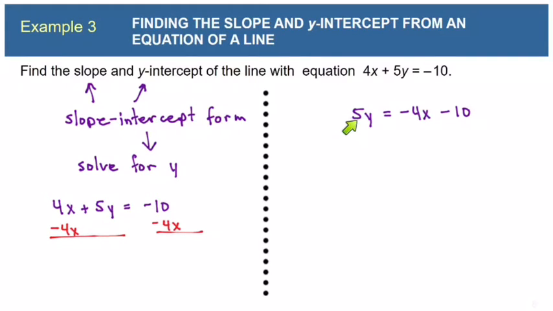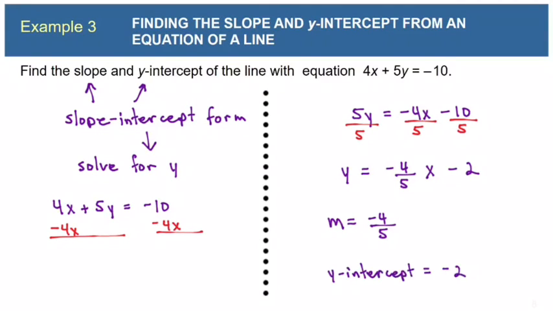Now I'm going to divide each term by 5, and that's going to give us y equals negative 4/5 x minus 2. 10 over 5 makes 2. So now we can see that the slope is negative 4/5, and now we also know that the y-intercept is negative 2. So the slope is negative 4/5, and the y-intercept is negative 2.